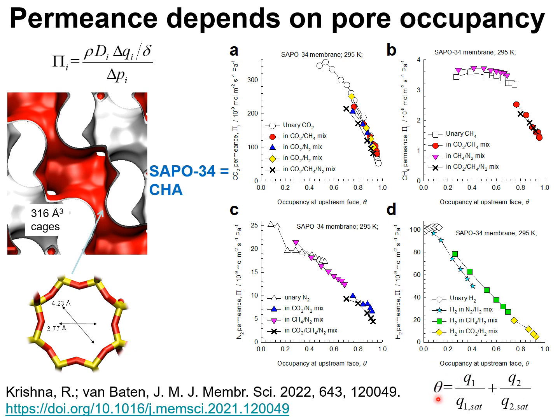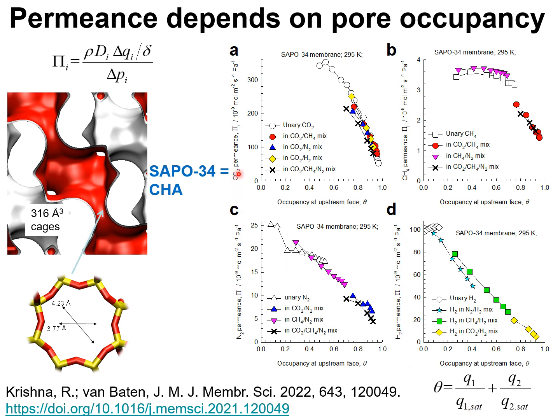I define the occupancy, the fractional occupancy, as the loading of that component divided by its saturation capacity, plus the loading of the partner species Q2 divided by the saturation capacity of 2. These can be determined from knowledge of the unary isotherms and mixture adsorption equilibrium calculated from, say, the ideal adsorbed solution theory.